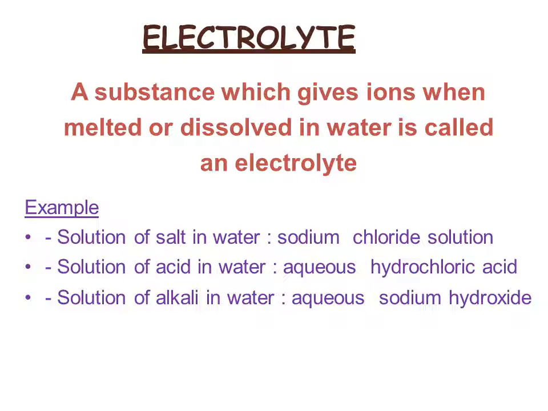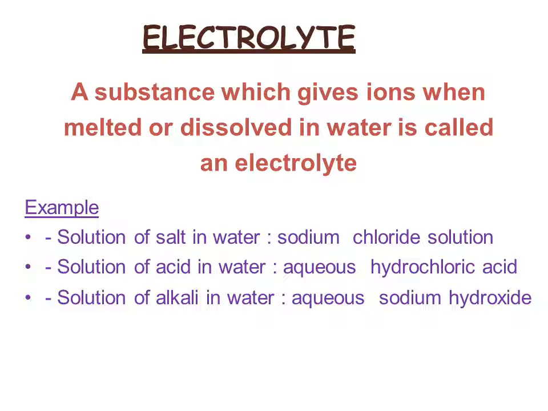As for example, we have solution of salt in water. That means sodium chloride solution, NaCl. And when salt is dissolved in water, it gives ions. That's why salt solution is a good conductor of electricity. Similarly, we have a solution of acid in water. If you mix aqueous hydrochloric acid in water, this also gives ions.